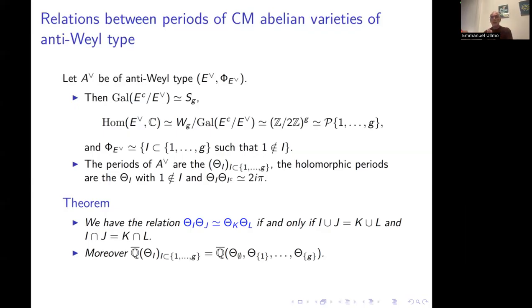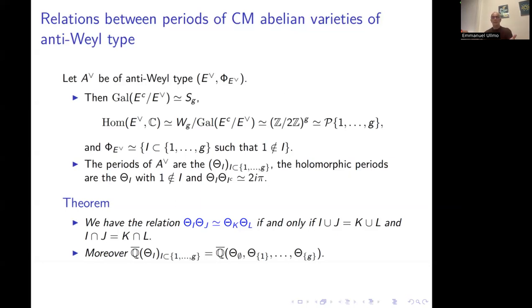You have a lot of relations of the form theta I, theta J equals theta K, theta L. And you have this relation if and only if the union of I and J is the union of K and L, and the intersection of I with J is the intersection of K with L. So it's very simple combinatoric.